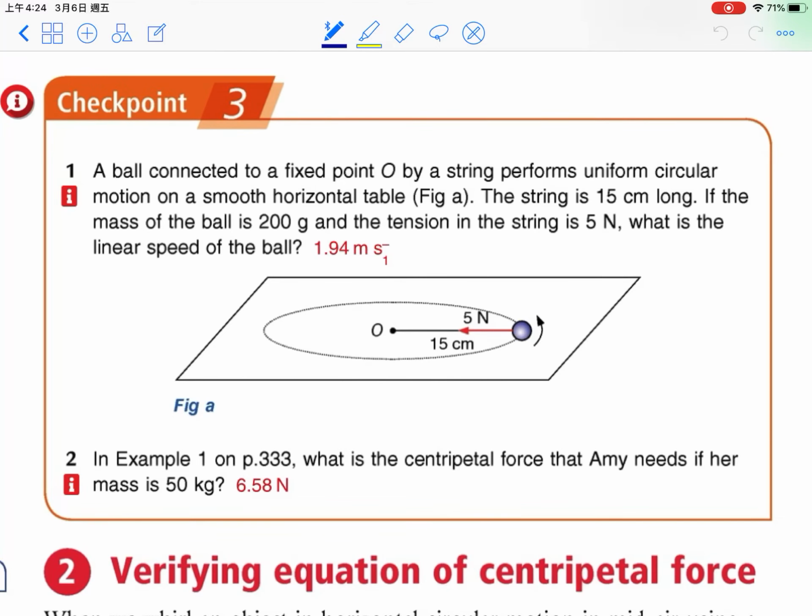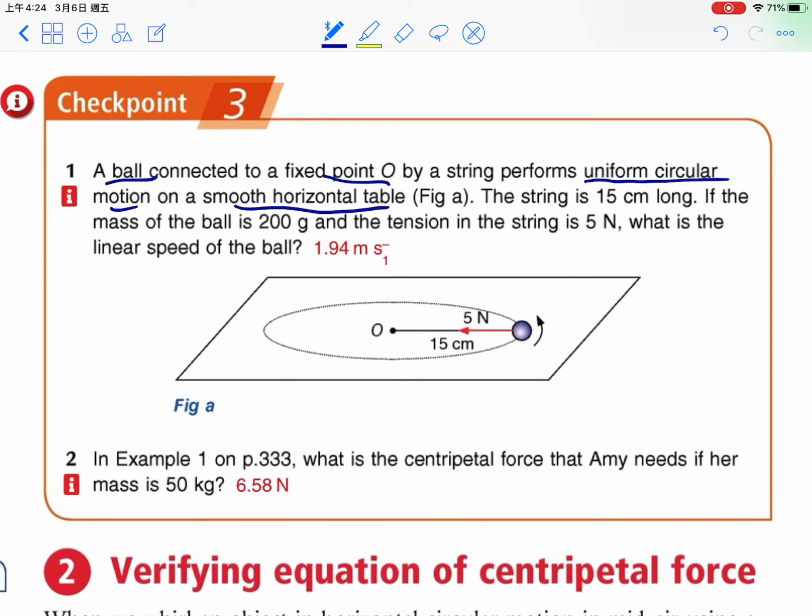Now we go to the answer. You see a ball is connected to a fixed point O, and it performs a circular motion on a smooth horizontal table. That means no friction here.